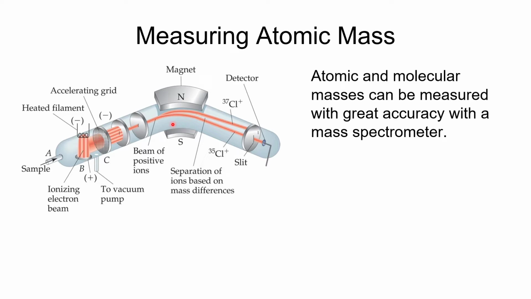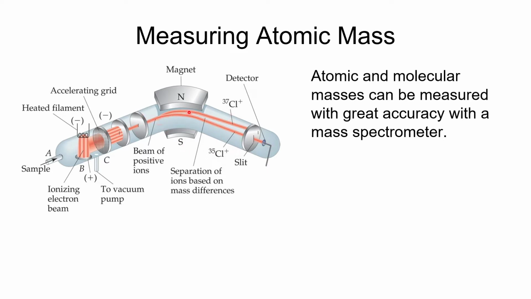There'll be a force that is applied on those particles and they will change direction. The amount that they change will depend on 1, how fast it's going, and 2, on the strength of that magnetic field. By varying the strength of the magnetic field, you can sweep through a couple of different values and measure all of your isotopes.